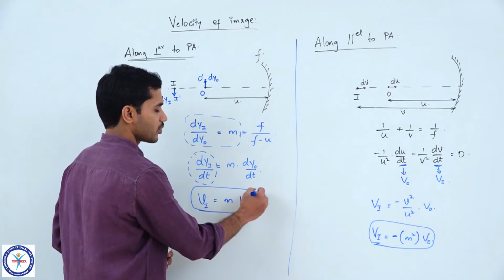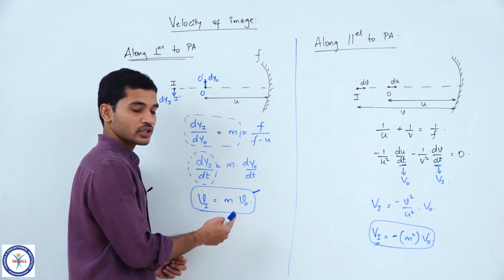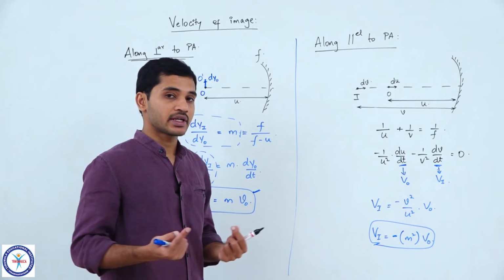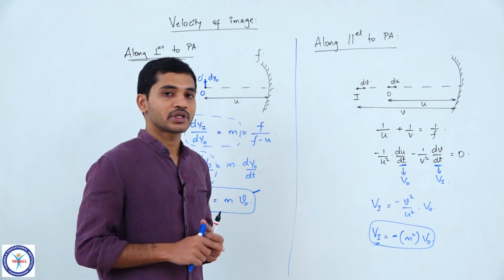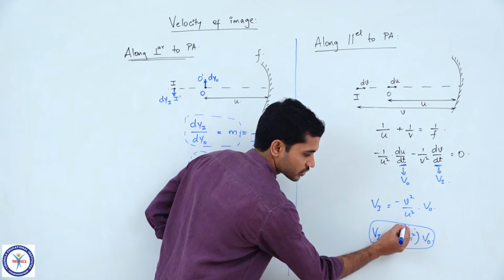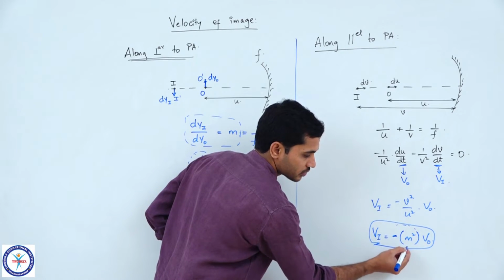So please remember them. Here you have m into v naught, and there you have minus m square into v naught. Once again, I reminded you of this earlier also during longitudinal magnification. This whole term is always negative.